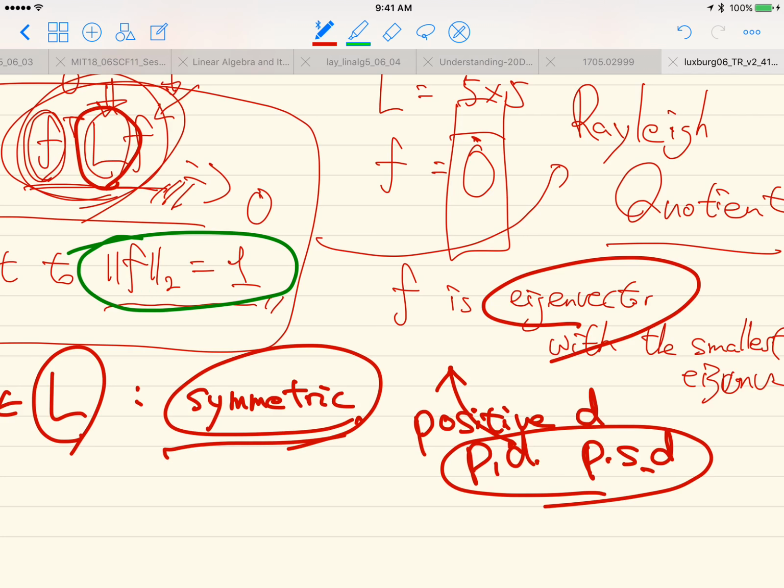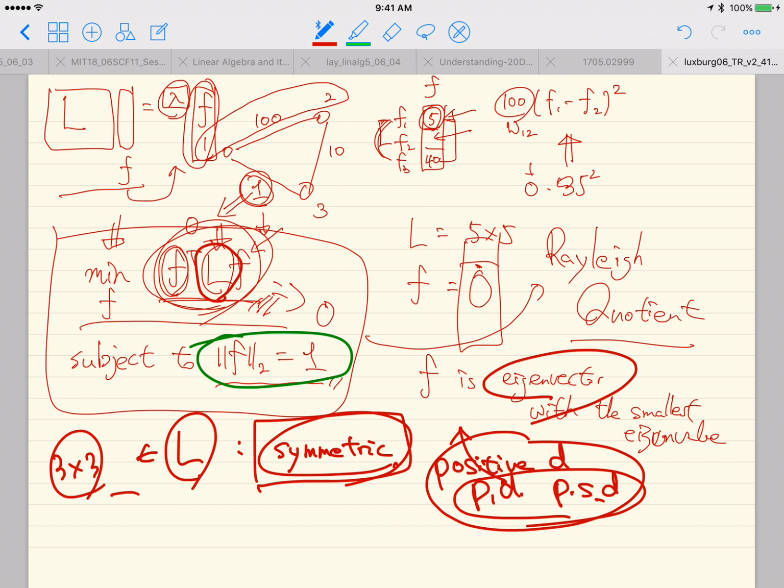Symmetric and positive semi-definite is a typical, common assumption used when formulating a problem such as this Rayleigh quotient problem. It is almost always the case that L is symmetric and positive semi-definite when L is used in this Rayleigh quotient problem.